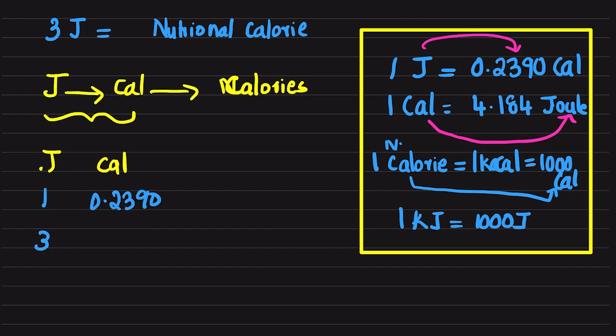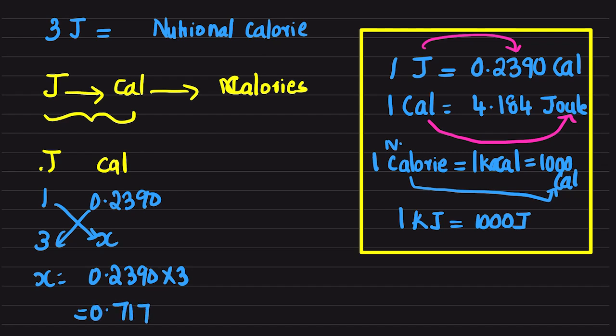So 3 joule equals, take it as x, cross multiplying, x equals 0.2390 times 3. We are getting 0.717. It is in cal.